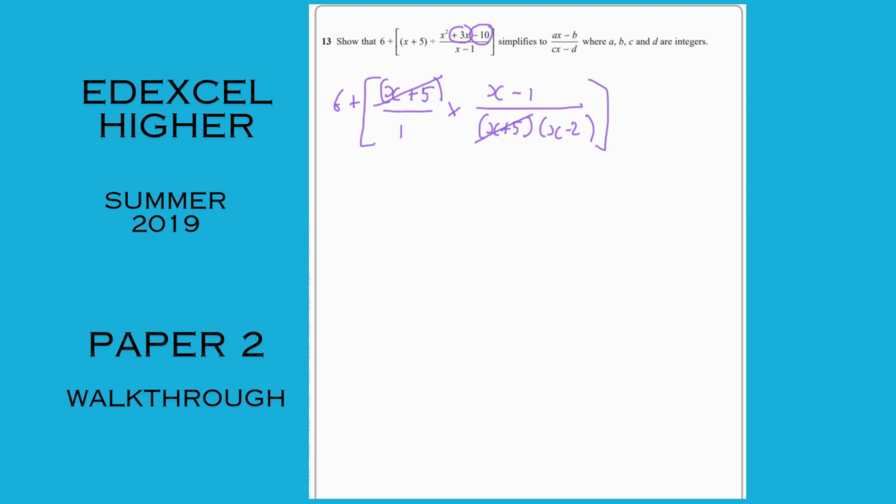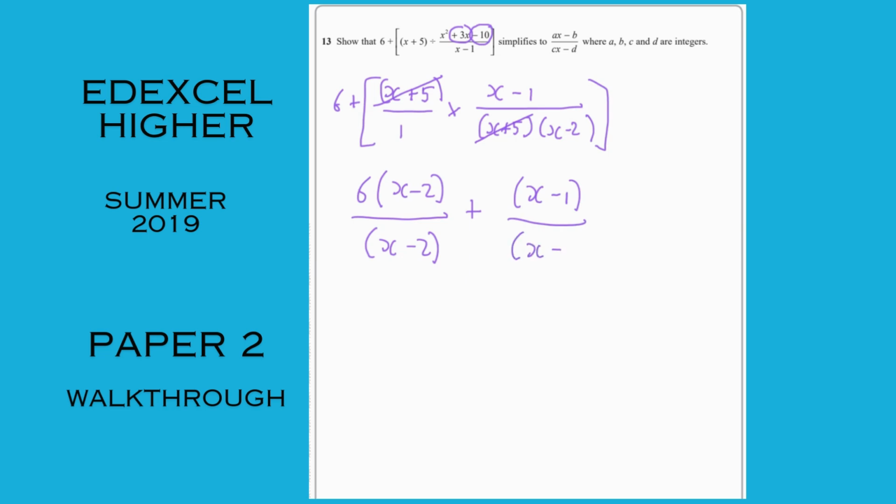Now we need to move on. How on earth are we going to take the x minus 1 over x minus 2 and add it to 6? Well, you can only add fractions if the denominators are the same. So for the 6, let's multiply it by x minus 2 over x minus 2. That's the key.